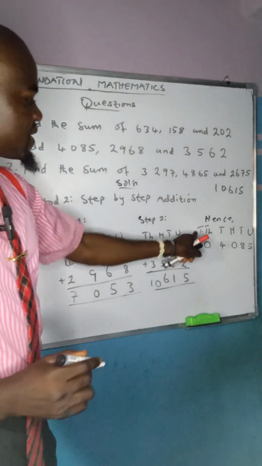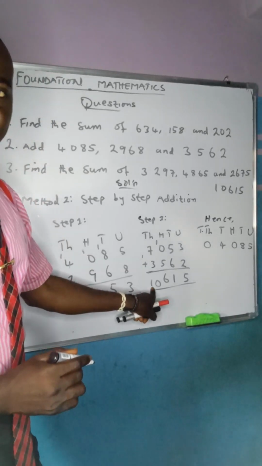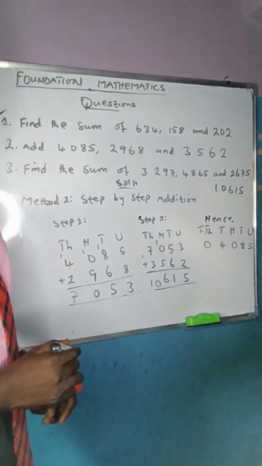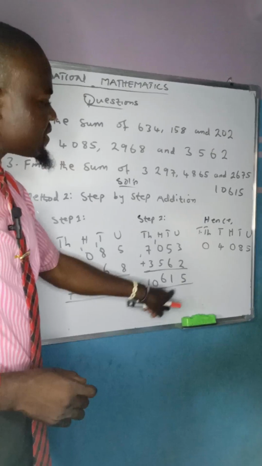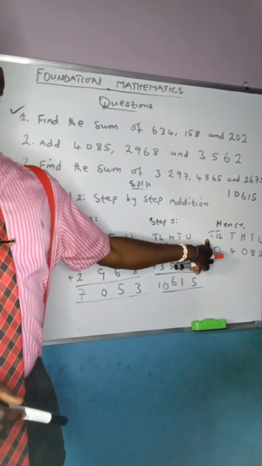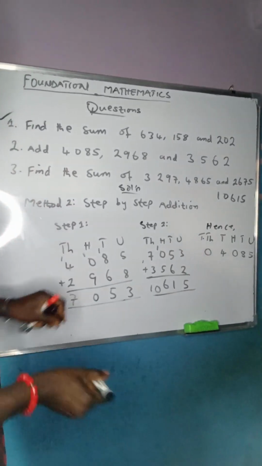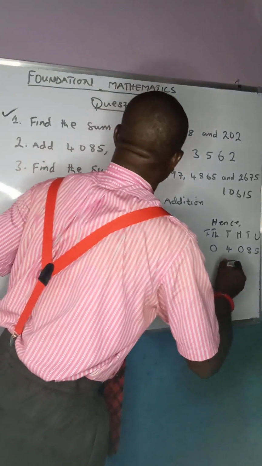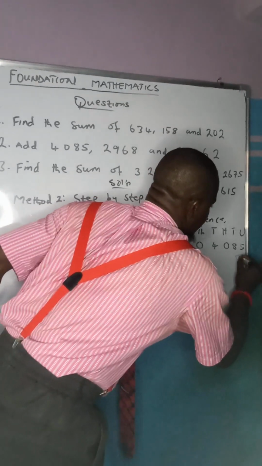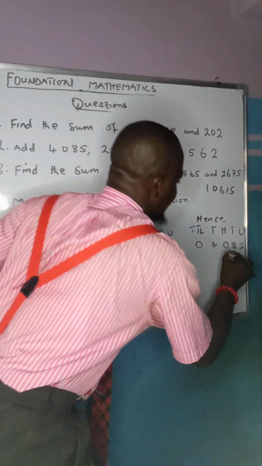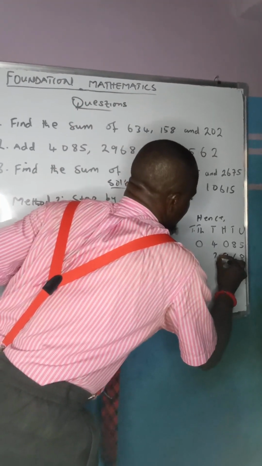But why did I introduce this? Because the answer is 5 digits. The answer of step 2 is 5 digits. So since the answer of step 2 is 5 digits, I have to introduce 10,000. Now, the second number, the unit is what? 8, 6, 9, 2.